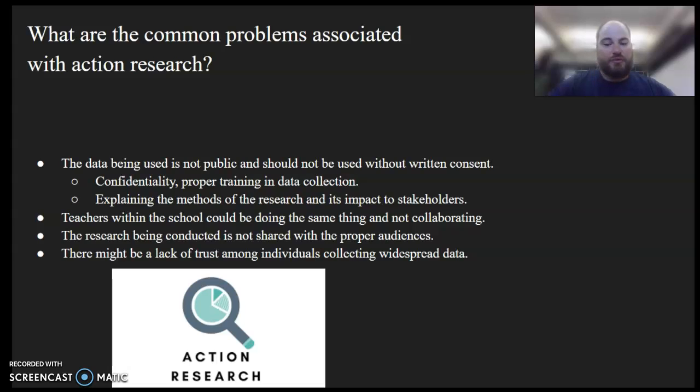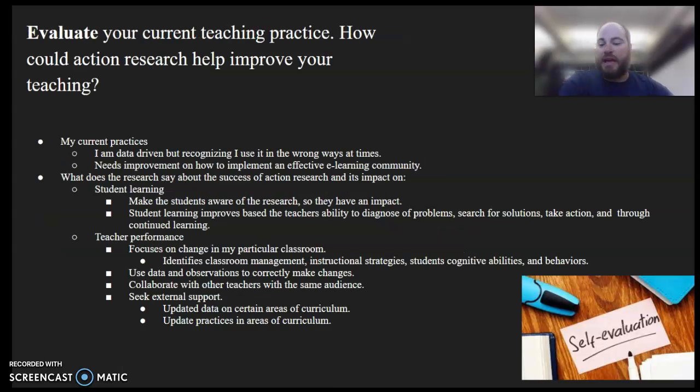The teachers within a school could be doing the same thing and not collaborating is another problem that we see. The research being conducted isn't shared with the proper audiences, so we're not getting the true effects that we could from the research. And then lastly, there might be a lack of trust among some individuals collecting widespread data.